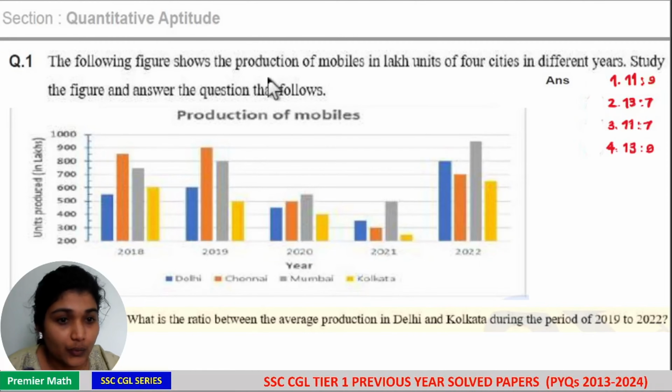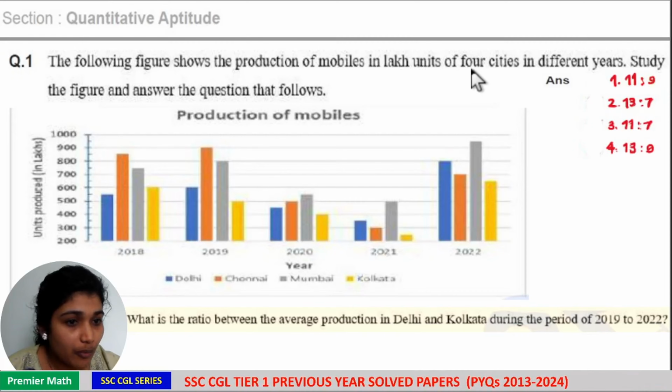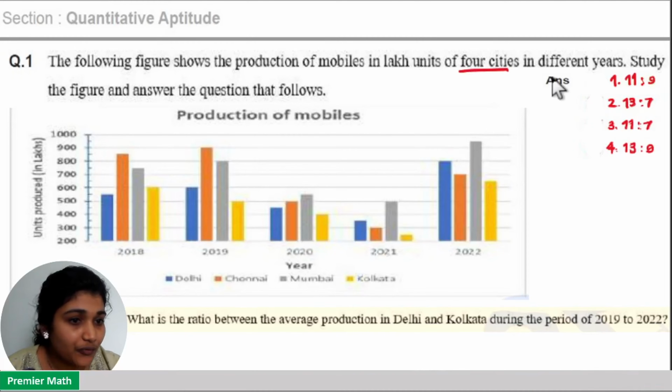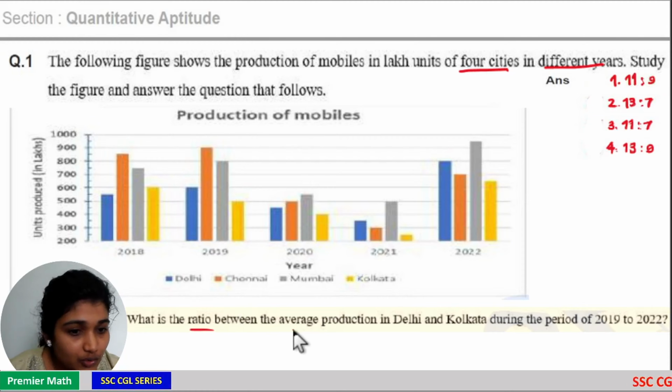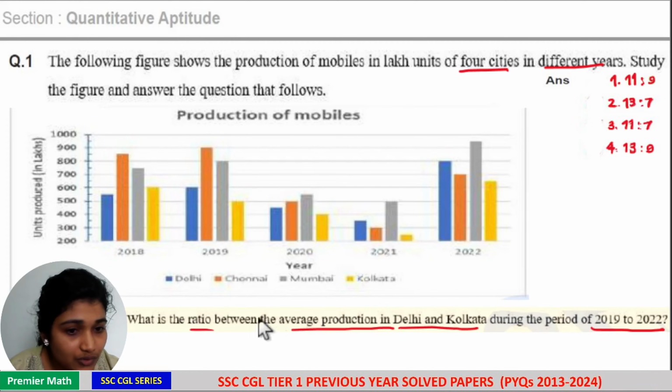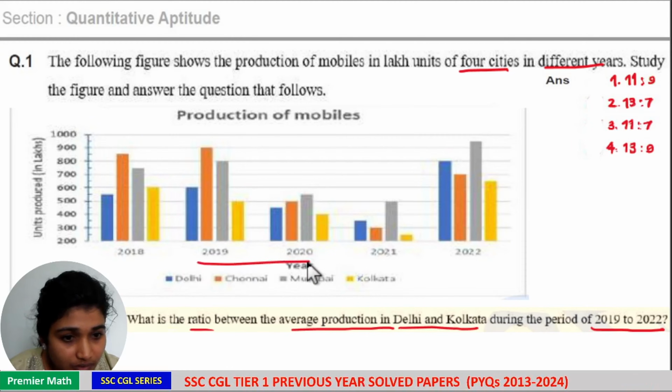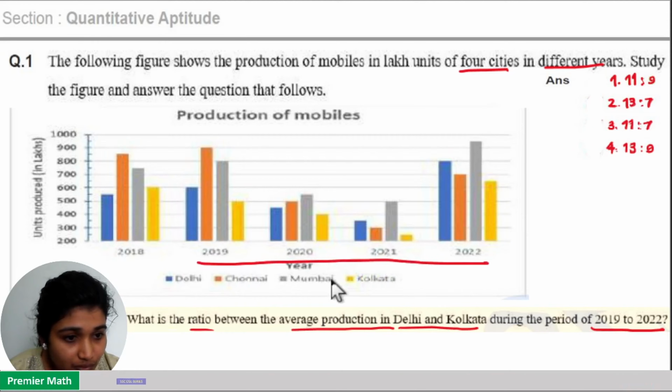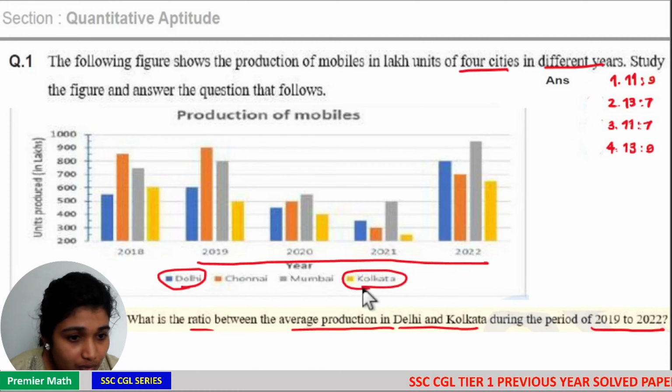The following graph shows production of mobiles in lakhs in 4 cities in 4 different years. What's the ratio between average production in Delhi and Kolkata during the period 2019 to 2022? Here Delhi shows the blue graph and Kolkata shows the yellow graph.